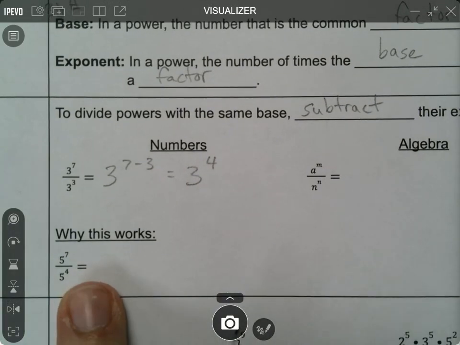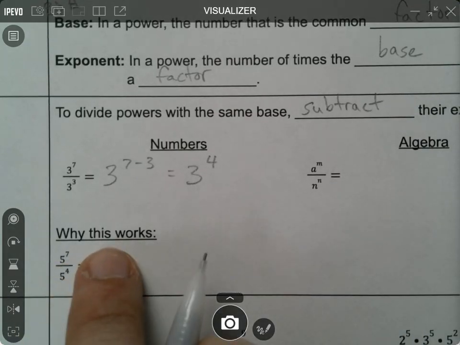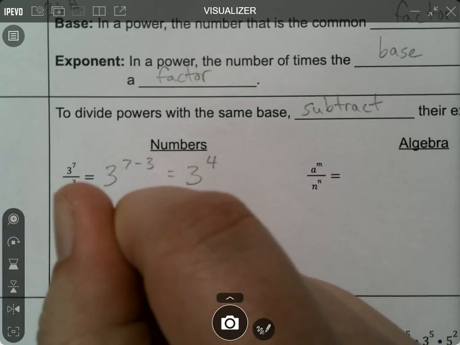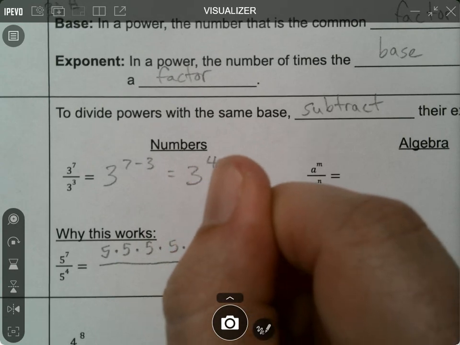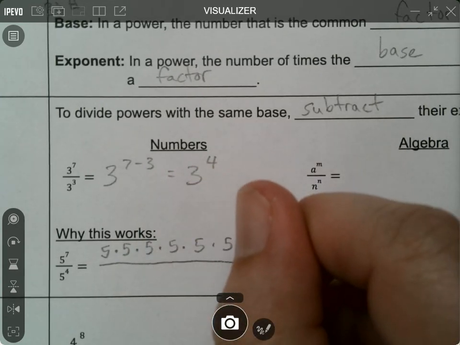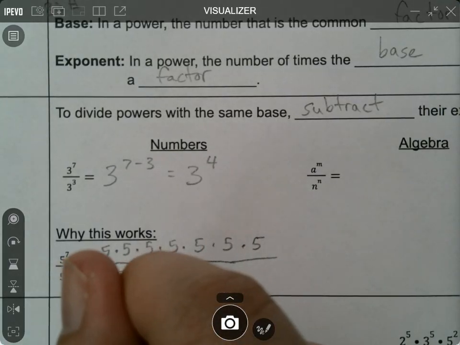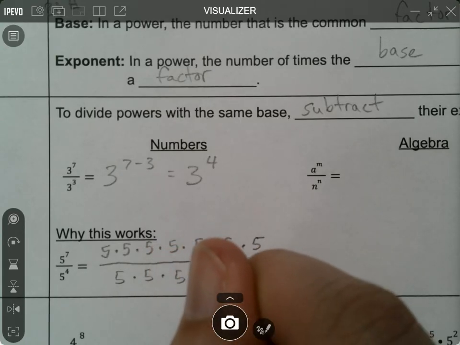Now, why it works, because if I have something like 5 to the 7th power, that's really going to be 5 times 5 times 5 times 5, 7 times, on top of 5 times itself 4 times.